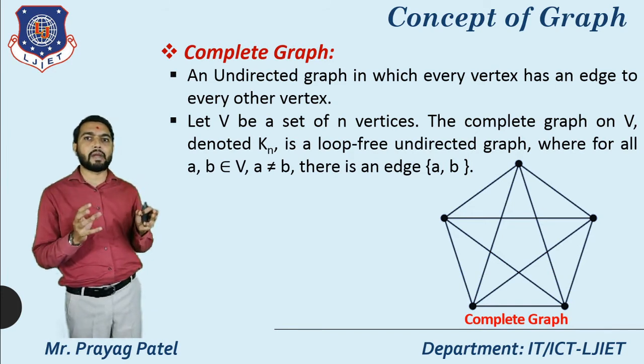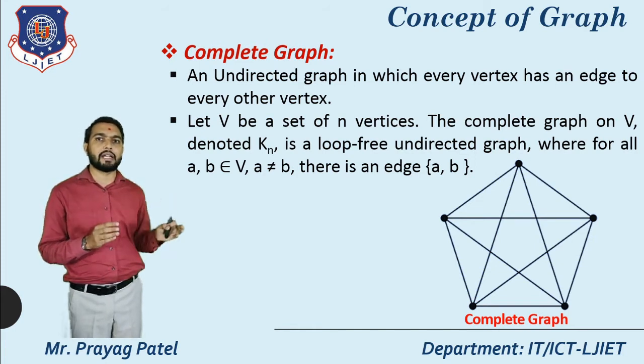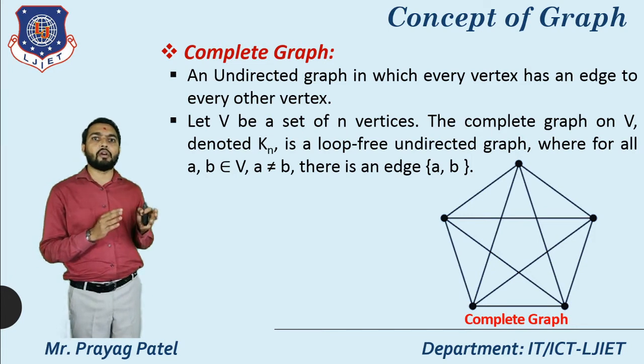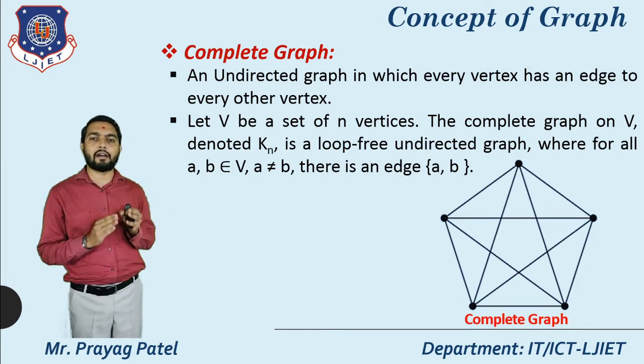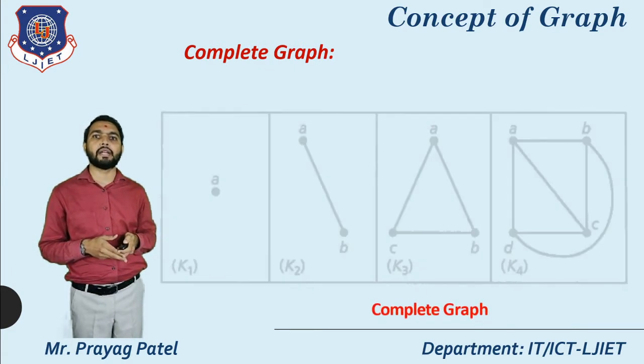So if two vertices are a and b, and we include a and b in the set of vertices, then we compulsorily include the edge a to b. All the possibilities of a to b are available. So we can simply say that each and every vertex is connected to each and every other vertex. So this is called the complete graph.